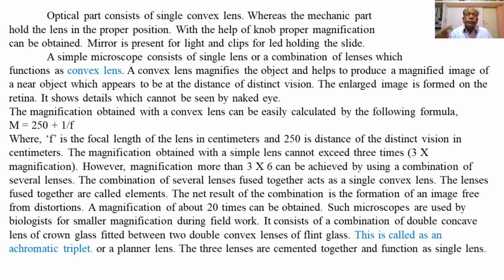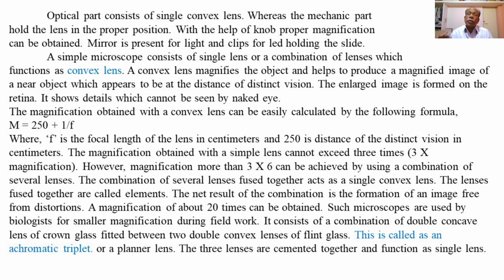Such microscopes are provided with a combination of lenses called an element, which can show the image without distortions, and are used by biologists for smaller magnification during field work.